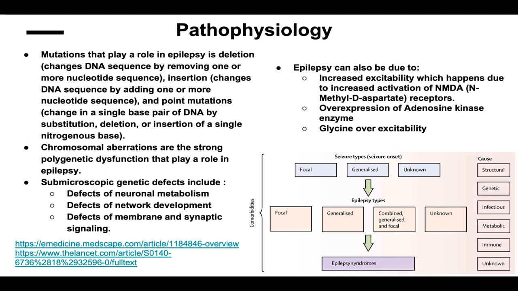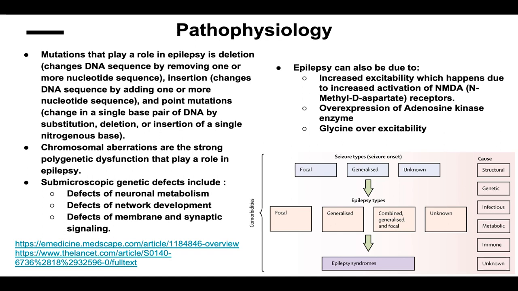An insertion, which is instead of removing, just adding one or more nucleotide sequence. And a point mutation is a change in a single base pair of DNA by substitution, deletion, or insertion of a single nitrogenous base. So those are the mutations that play a role in epilepsy.